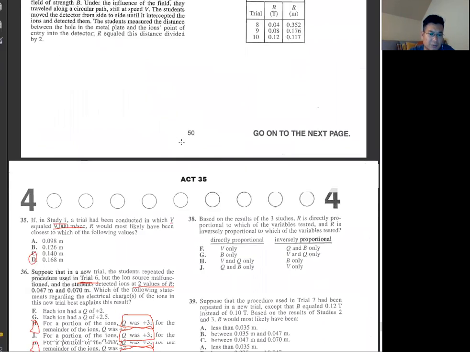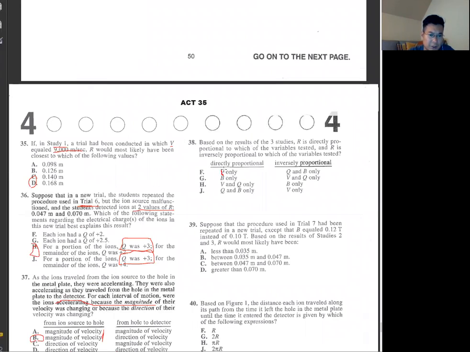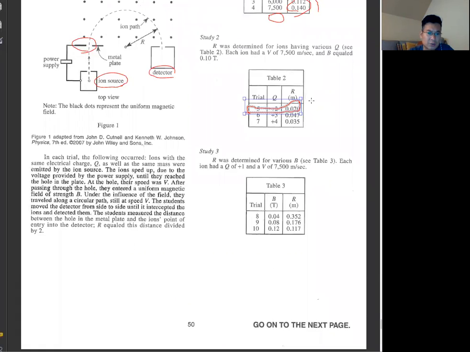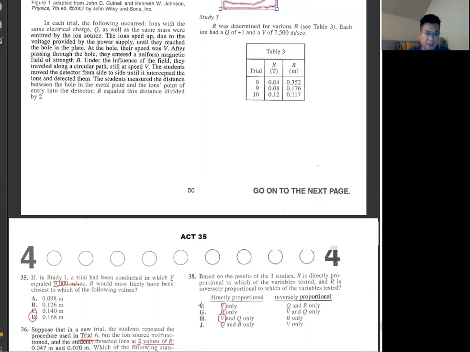So V is directly proportional. So it has to be between F and H then. So we can just test it out, Q first, which we can find from table 2. As you see, R decreases, Q increases. That means it is inversely proportional. That's why it is F.